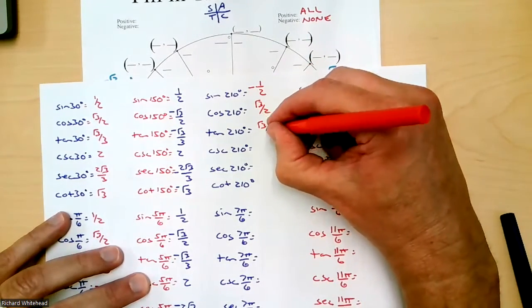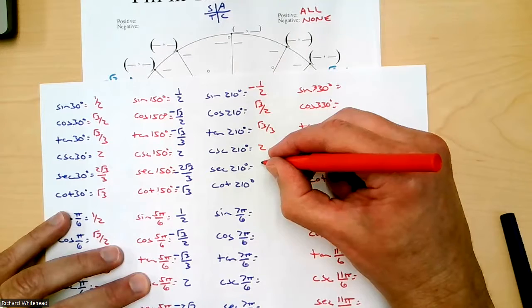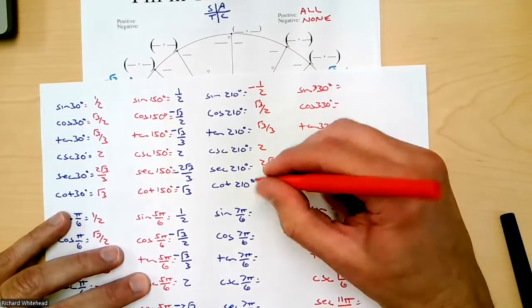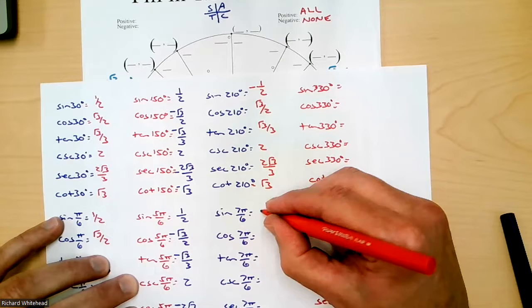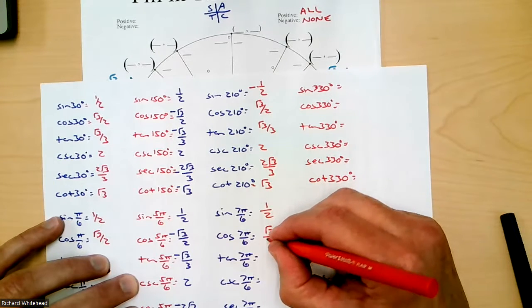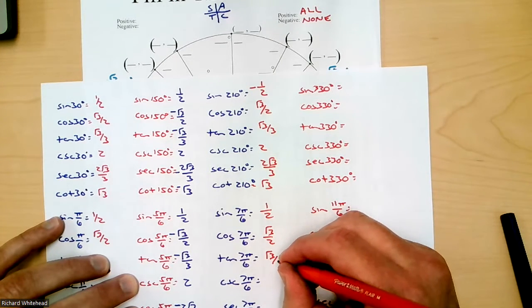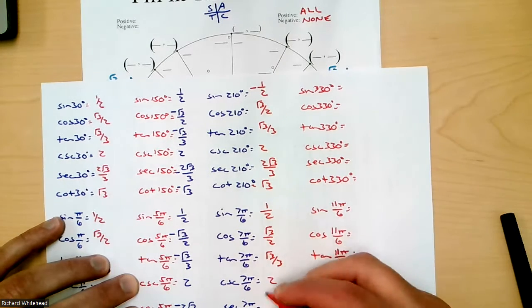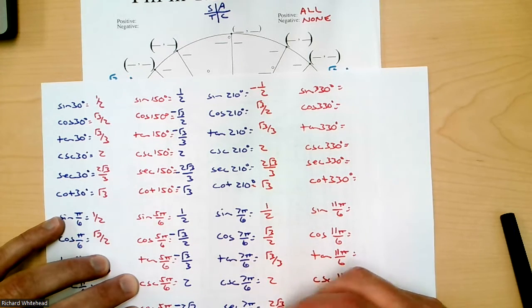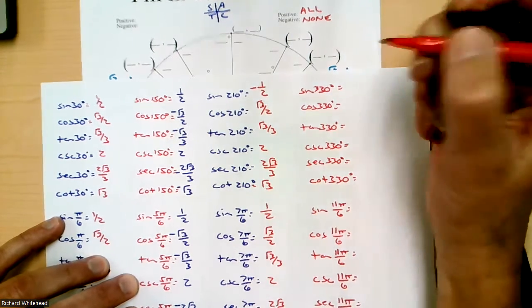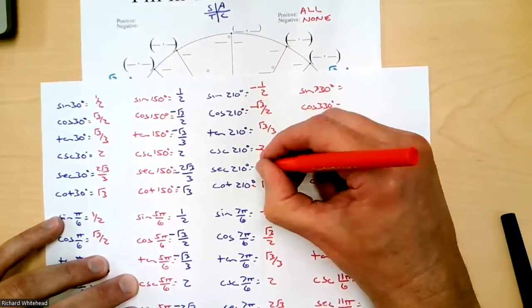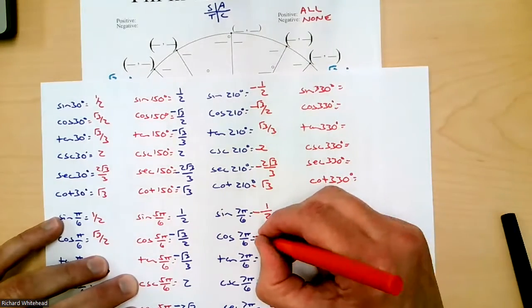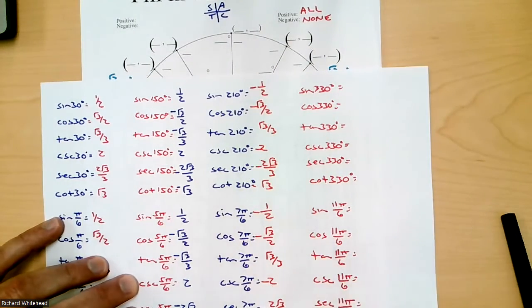So all these values are the same again, and the only thing that changes is who gets the negatives. Well, in the third quadrant, only tan and cotan are positive, so everybody else gets a negative.